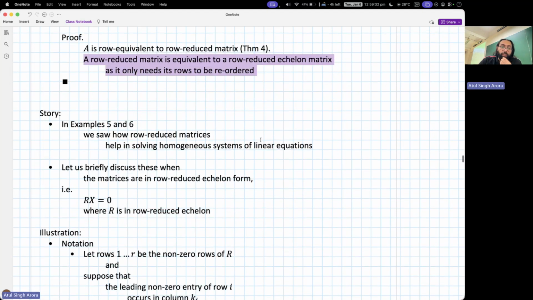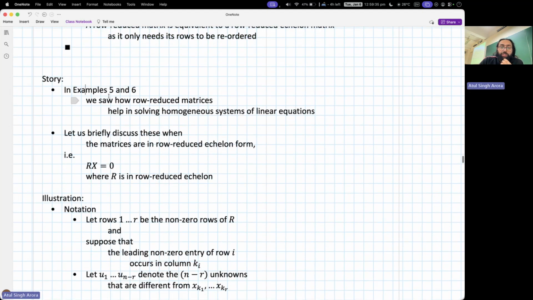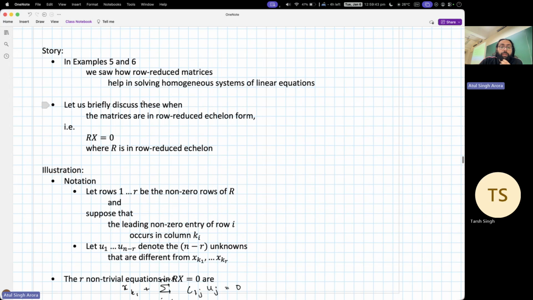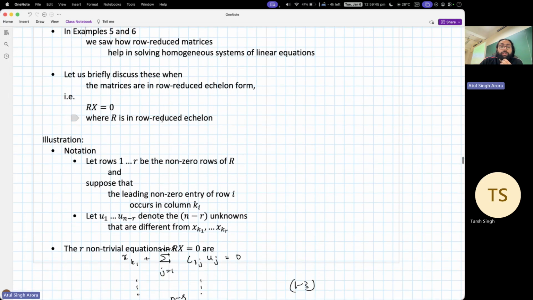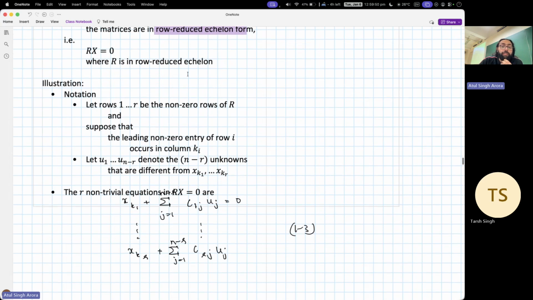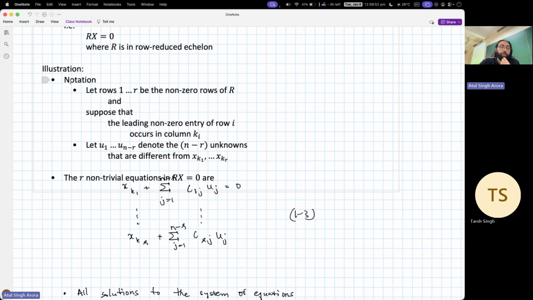Okay. So in examples 5 and 6, we saw how row-reduced matrices help in solving homogeneous systems of linear equations. Now we're going to discuss those in the row-reduced echelon form, where R is in row-reduced echelon form. So what is the notation?